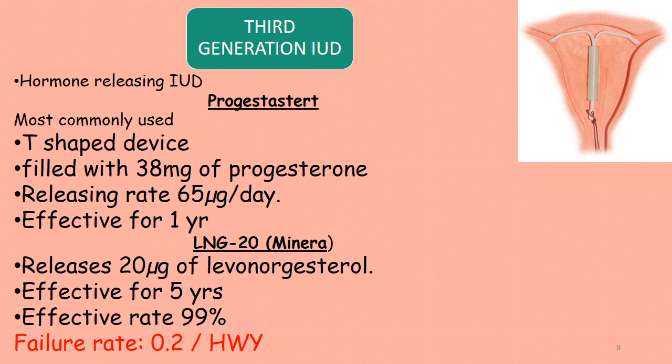The progesterone hormone is released at a rate of 65 micrograms per day, and it is effective for only 1 year. Then LNG-20 releases 20 micrograms of levonorgestrel, and it is effective for 5 years, with an effectiveness of 99%. The failure rate is 0.2 per 100 women years.